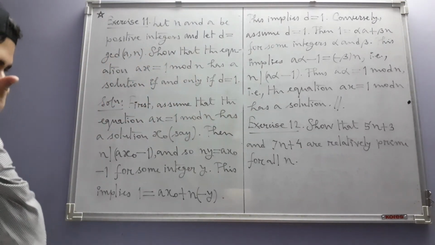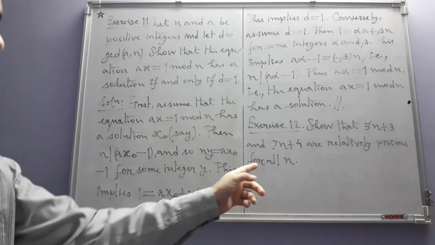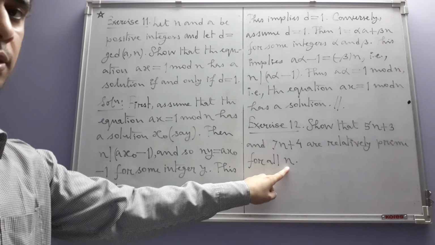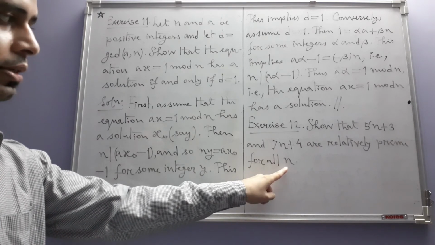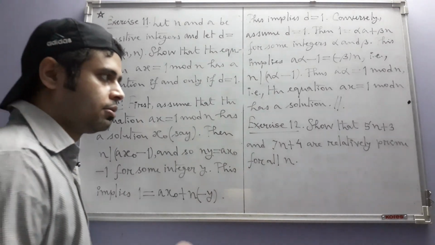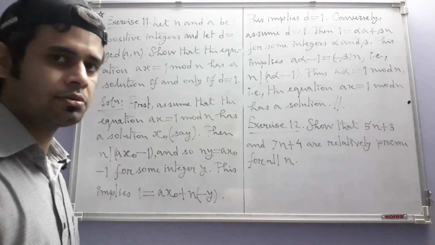What is this exercise saying? For all n means they haven't written, but it means for all integers n. Note that n is not necessarily positive, it can be 0 also and it can be negative also. Whatever be the case, none of these integers will be equal to 0.